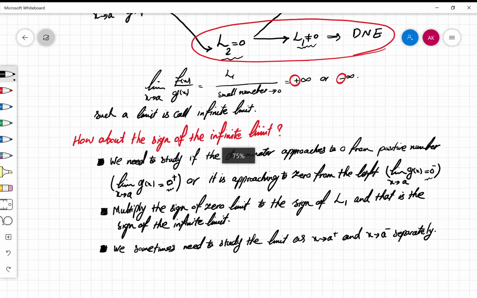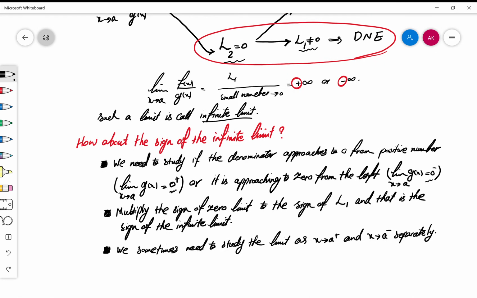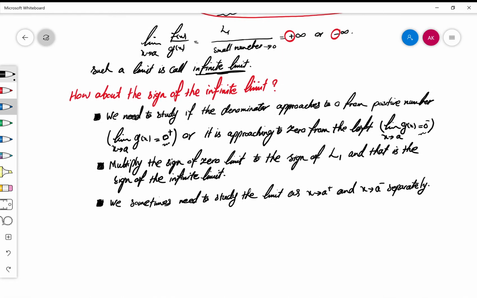Okay, so we know that the limit is infinity if the limit of numerator is non-zero, limit of the denominator is 0. How do we know it is positive or negative? By looking at the sign of 0 in the denominator and the sign of the limit of the numerator. Let's do an example, or two examples. Example, find the limit.